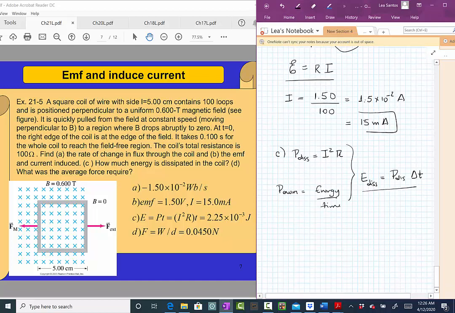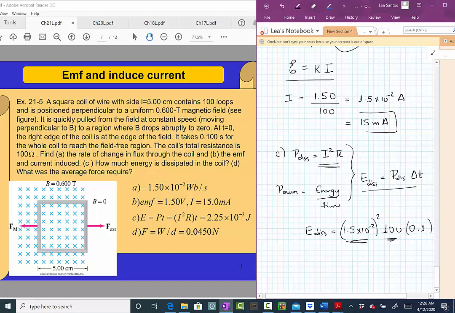Okay, so we have all the information for how we are going to get this energy dissipated. Well, the power is I squared, so we have I, 1.5 times 10 to the minus 2. This is I, but we want it squared. The resistance is 100, no? So I'm writing the power, I squared and R, and then multiply by the time. What is the time? 0.1 seconds.